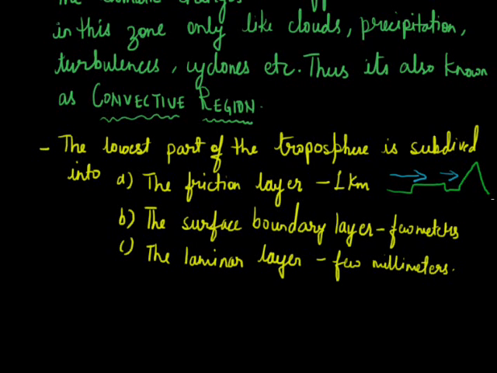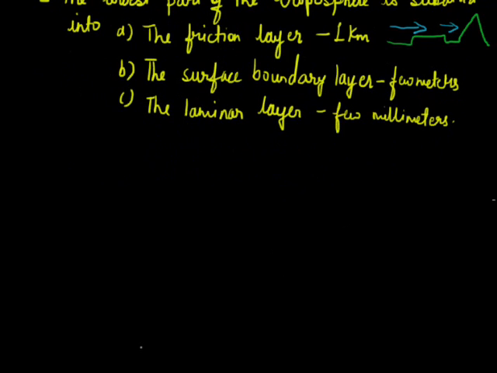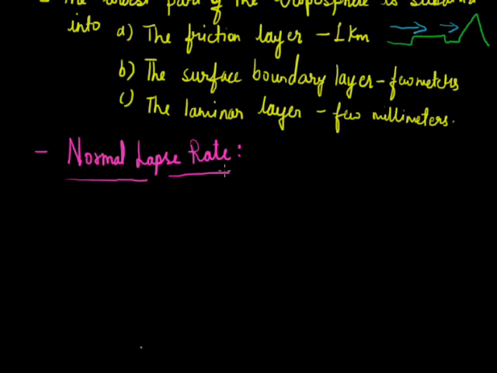Moving on, the next feature of the troposphere is the gradual fall in temperature that is witnessed, popularly known as normal lapse rate. Normal lapse rate is nothing but a decrease in temperature with the gradual altitude.